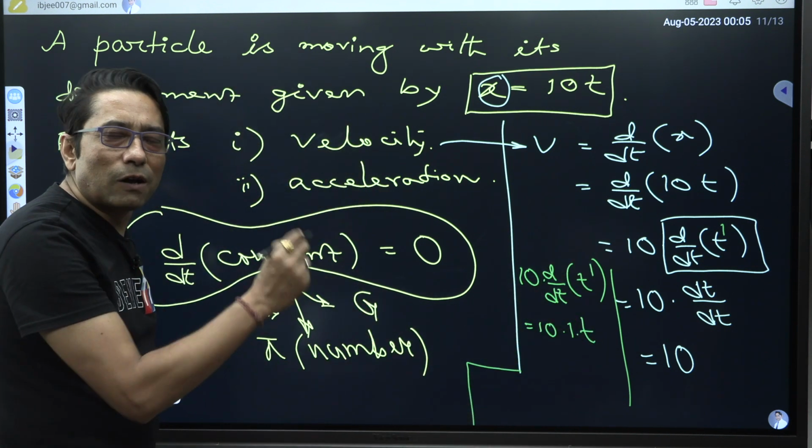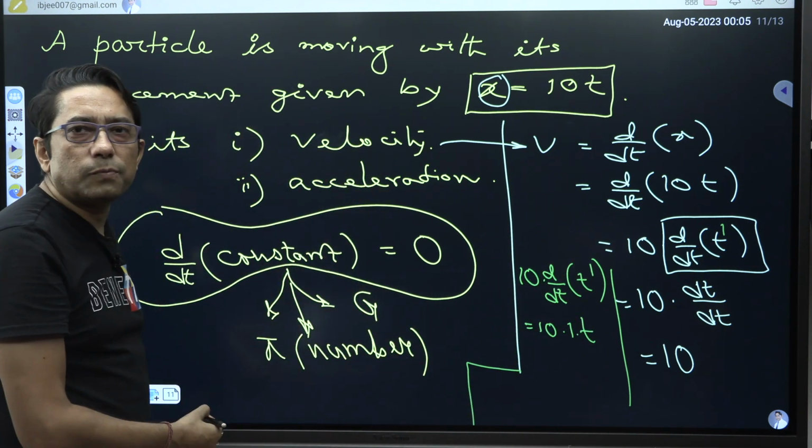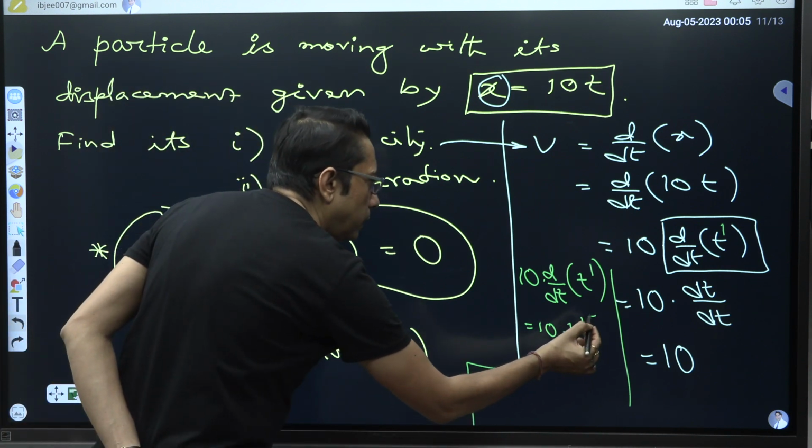So t to the power 1 further decreases by 1. So it is 1 minus 1.